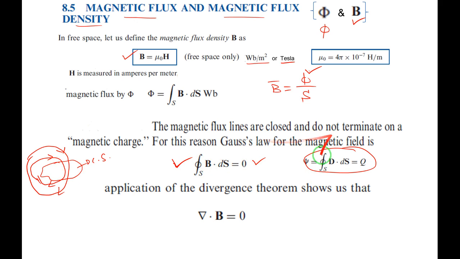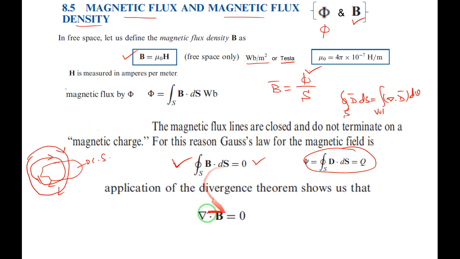Next, we have seen the divergence theorem with respect to static electric fields. Let me write the divergence theorem here. Closed surface integral of D dot ds is equal to the volume integral of the divergence of D vector over the considered volume dV. Similarly, I can apply the divergence theorem for B: del dot B into dV.